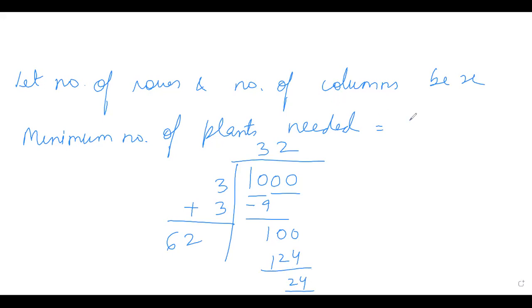So minimum number of plants needed is 24. If we add 24 to 1000, then it will become a perfect square. In the answer, you require only the minimum number of plants needed so that it changes into a perfect square.